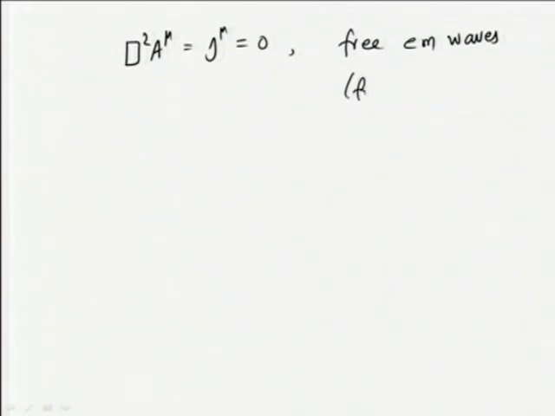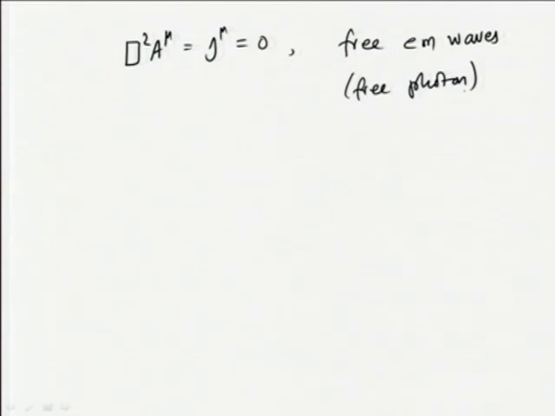So, let us look at it. We have box square A mu equal to J mu equal to 0 for free electromagnetic waves, or I would say in the quantum picture, free photons.